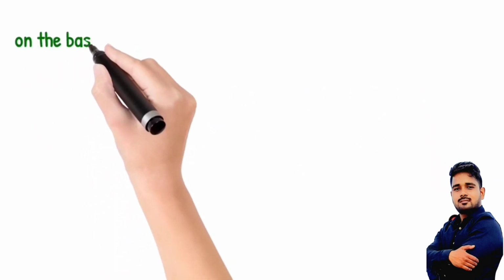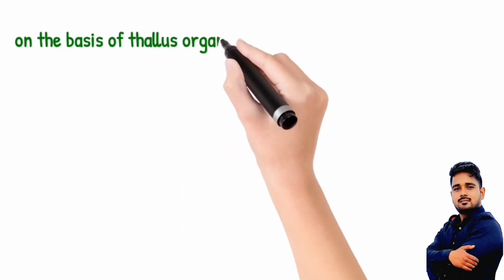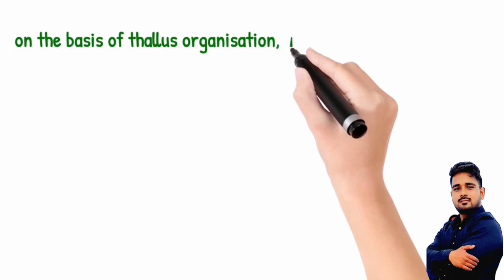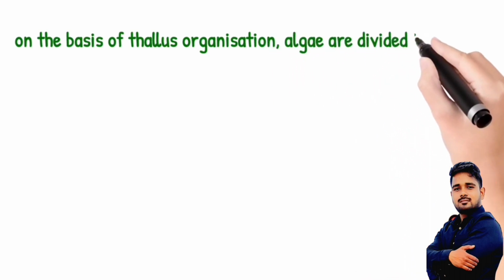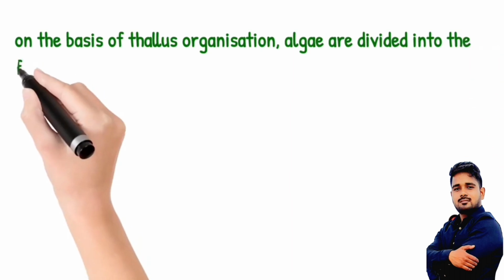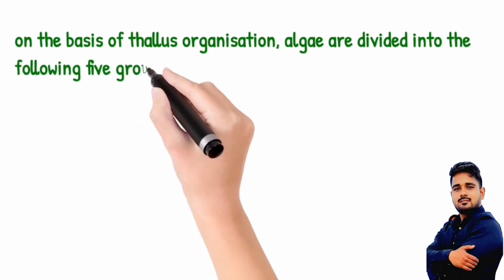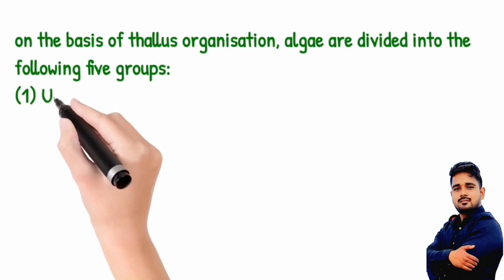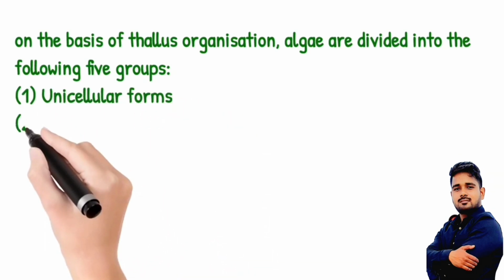On the basis of thallus organization, algae are divided into the following 5 groups. First, unicellular form.